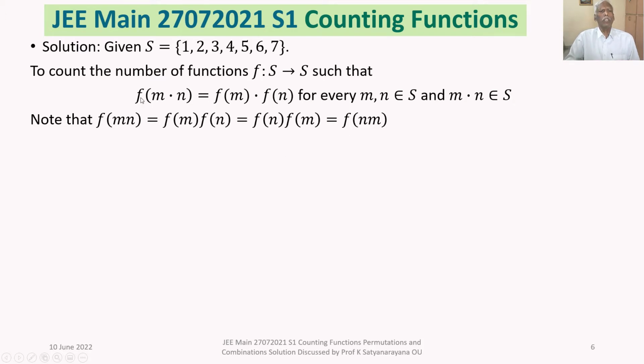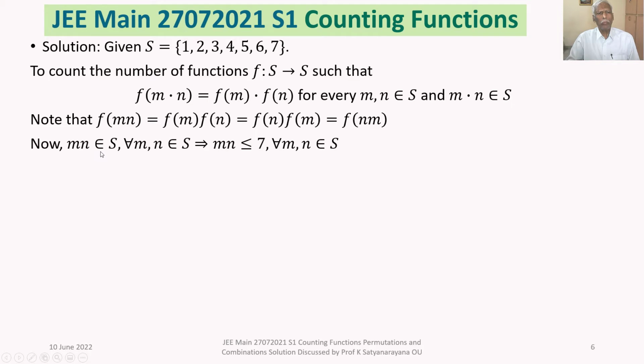Further, functions which satisfy this condition, that is f of mn equal to f of m into f of n, are called multiplicative functions. Anyway, such a function f is symmetric in m and n.